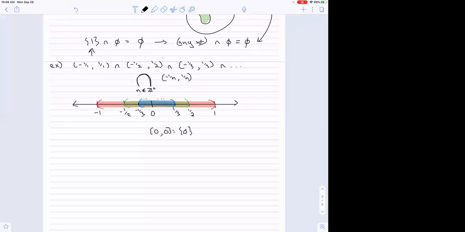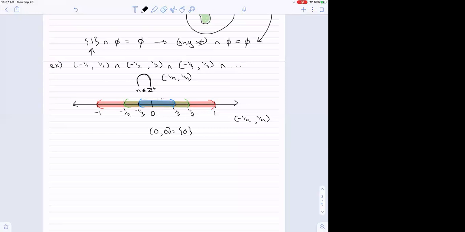So the interval from -1 to 1 definitely contains 0, and so does the interval from -1/2 to 1/2. If you take any interval -1/n to 1/n, it would contain 0, right? Because n is some positive integer, so it never really reaches infinity.